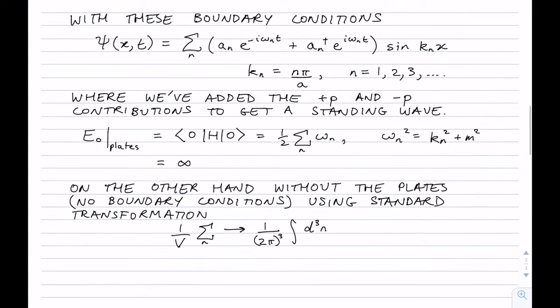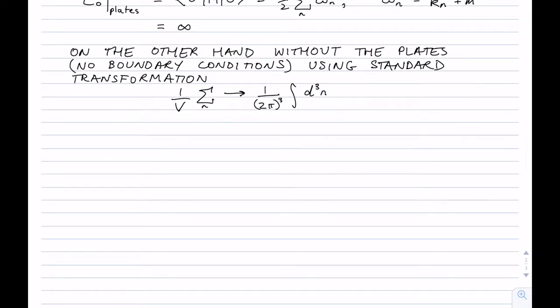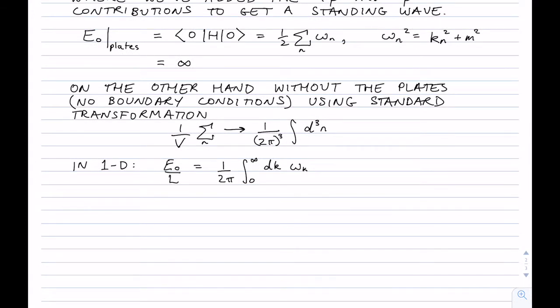So in our case, because it's a 1D transformation, we'll have that the energy per unit length is equal to 1 over 2 pi times the integral from 0 to infinity dk omega_k, and omega_k is just the square root of k squared plus m squared.